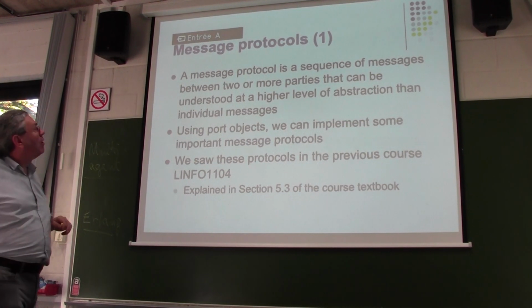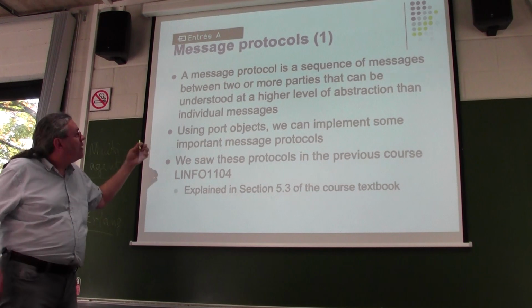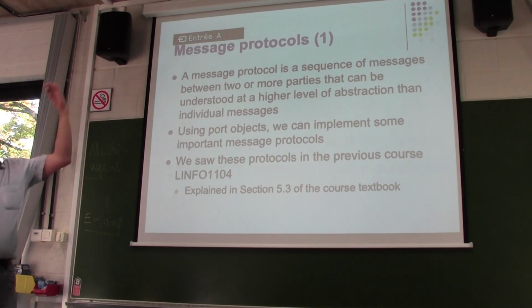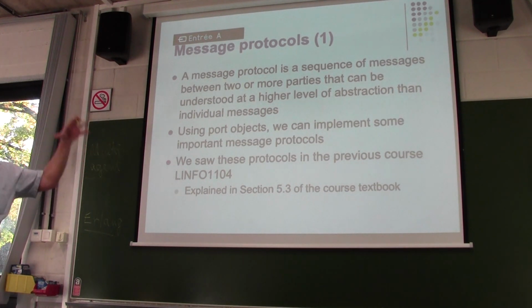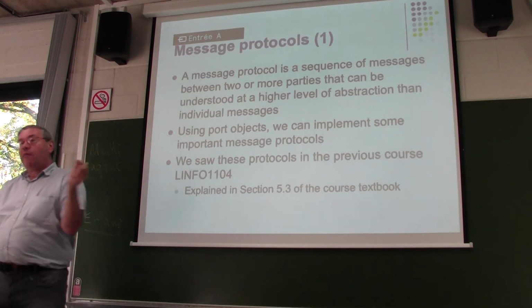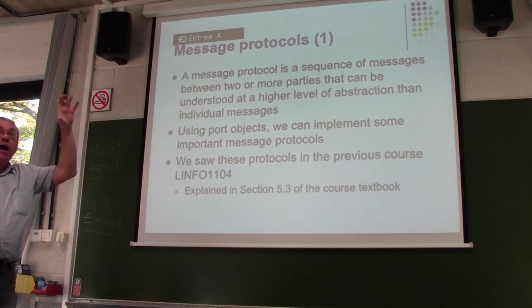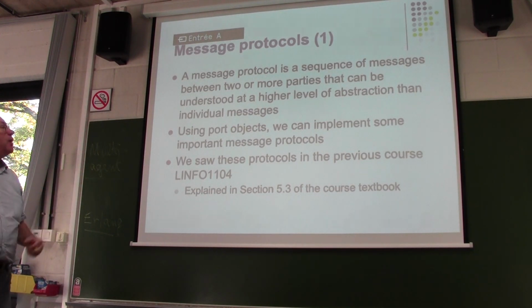So a message protocol is a sequence of messages between two or more parties that you can understand at a high level of abstraction. It actually means something. It's not just the messages, it's doing some bigger thing. Like TCP, for example. You have messages going between the nodes, the computing nodes, but at a high level, it's a reliable byte stream that is being transferred between the two nodes.